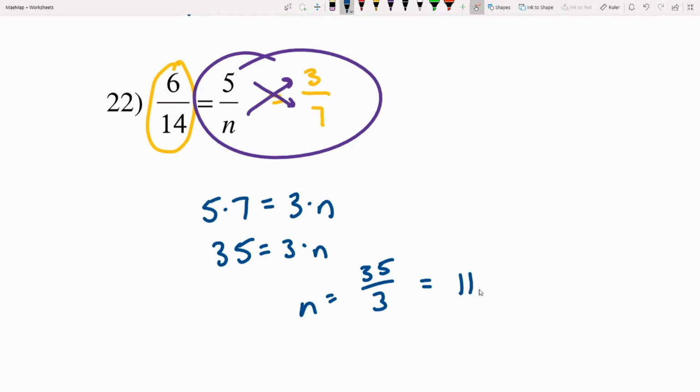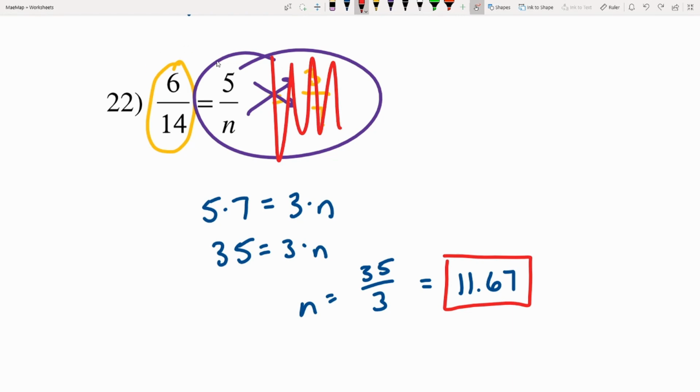So rounding, that will be 11.67. And again, the worksheet has 11.66, but if we're rounding to the closest hundredth, that would be 11.67. So quickly, without simplifying, do the cross multiplication of those first two and see what you get. I guarantee you'll get the same exact result as when we simplified.